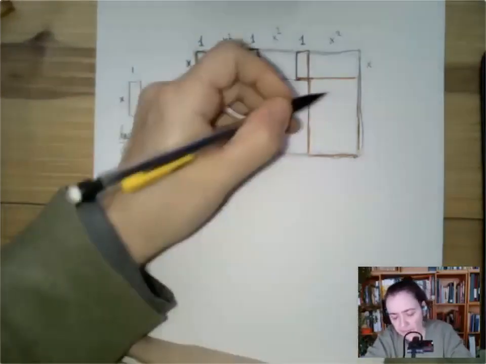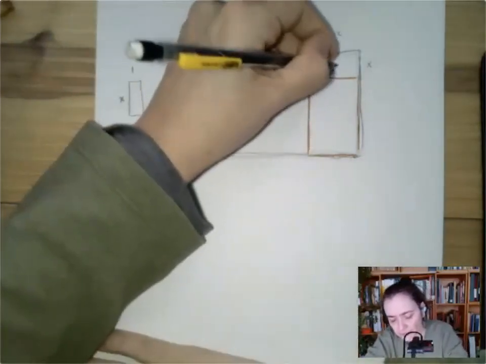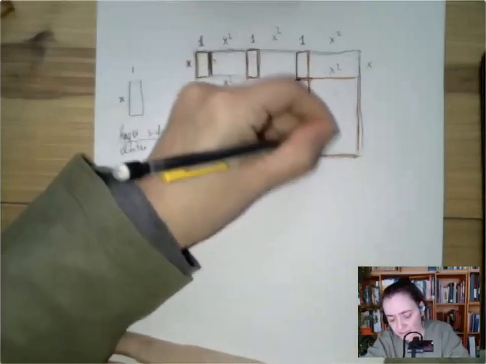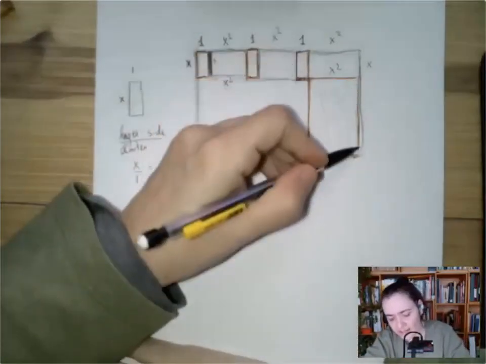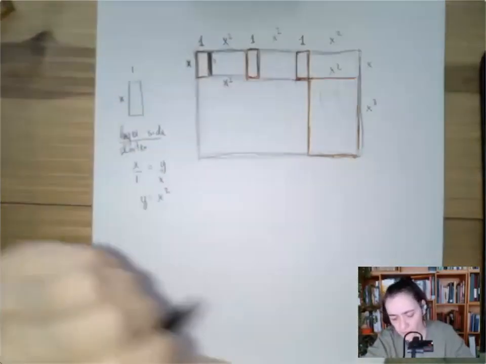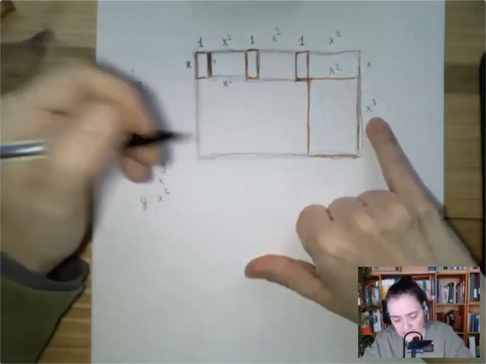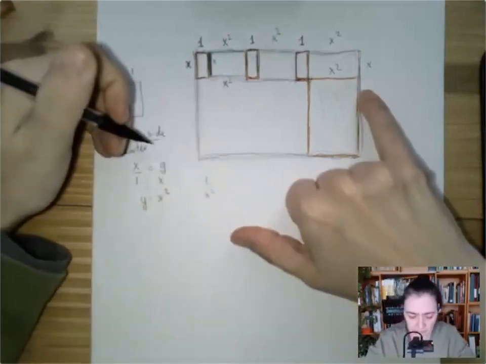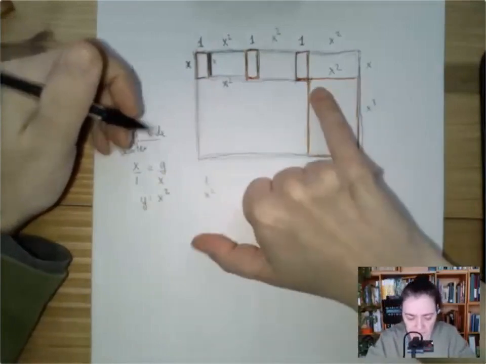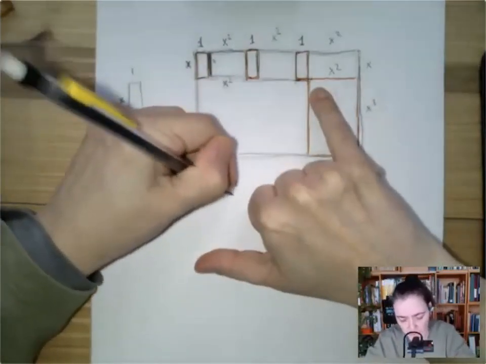And then we can move on to this rectangle here. And again, the longer side is x times the shorter side. So this is going to be x cubed. But if you don't believe it, let's call this side z for a second. z over x squared, the longer side over the shorter side, is the same as x over 1.